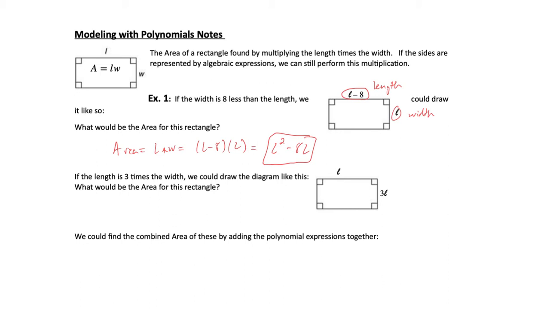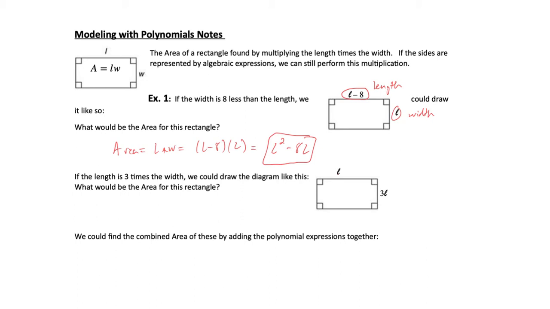The next one, it says if the length is 3 times the width, we draw it as, you could either draw it as your length is L and your width is 3L, or you could draw it a different way. We could draw this as your width, and this is 3 times the width.